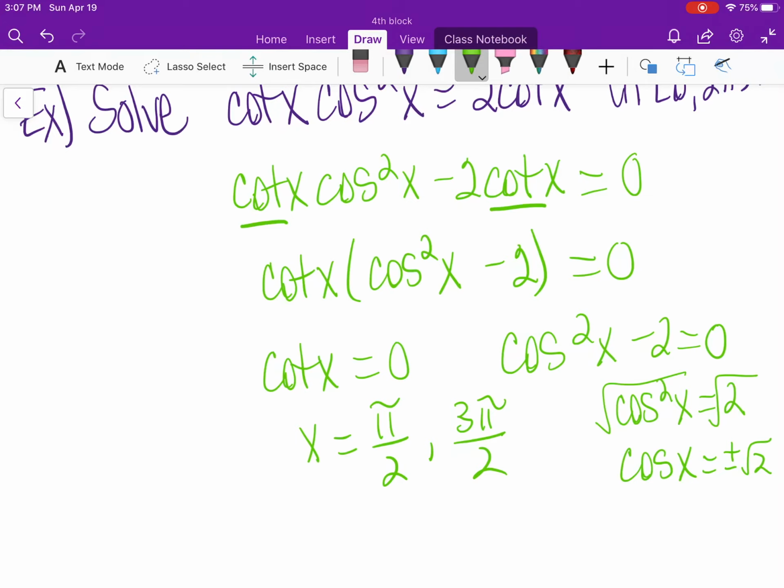Well, cosine is x, and if you remember when we made our circle, the largest x value was 1, because that's the radius of the circle. Well, radical 2 is more than 1, so this one's not going to give me an answer. Cosine of x equals plus or minus radical 2 would be undefined. So my answers are pi over 2 and 3 pi over 2.